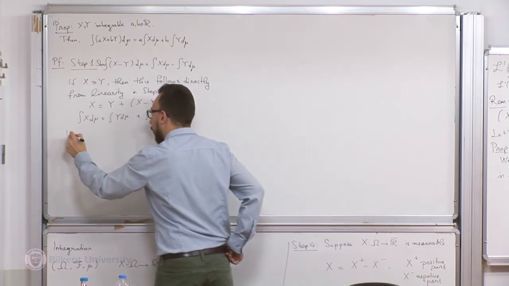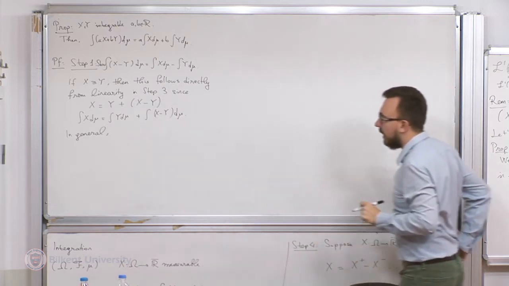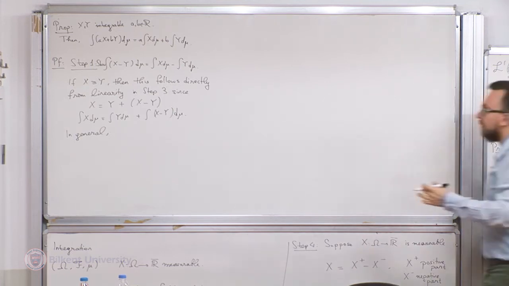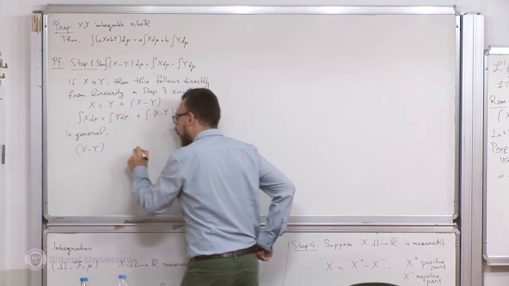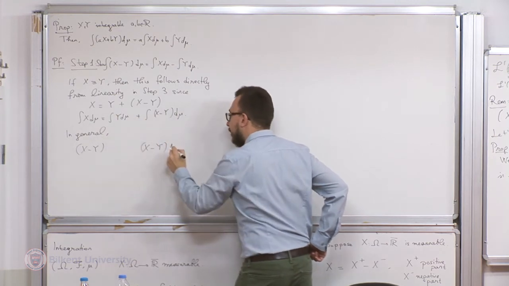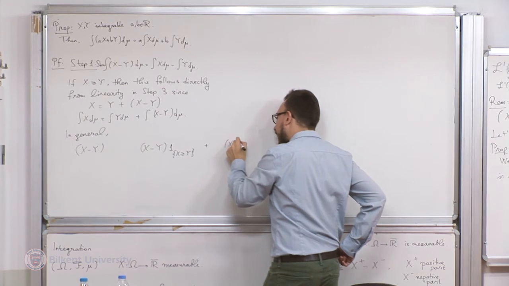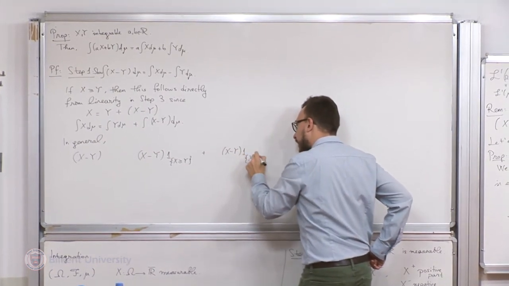So what happens in general? In general, if we don't have x bigger than y, we can look at the region where x is bigger than y and where x is less than y. So we can write x minus y as x minus y under this condition and y minus x under the other condition.